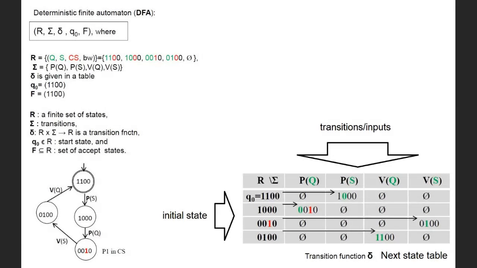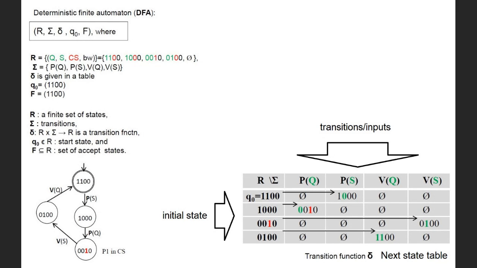We may have a more mathematical description. So a finite automaton may be a deterministic automaton, for instance, and it is a 5-tuple. It has Q, sigma, delta, Q0, F, where Q is a set of states, sigma are transitions, inputs.